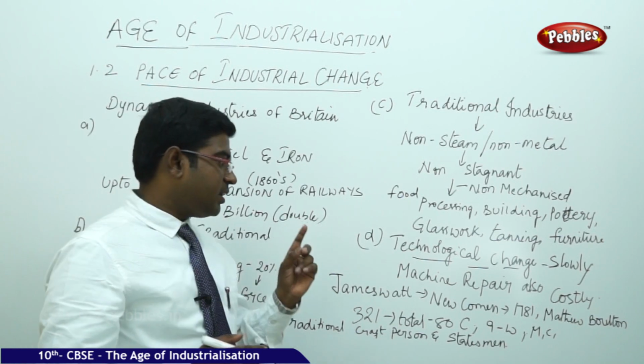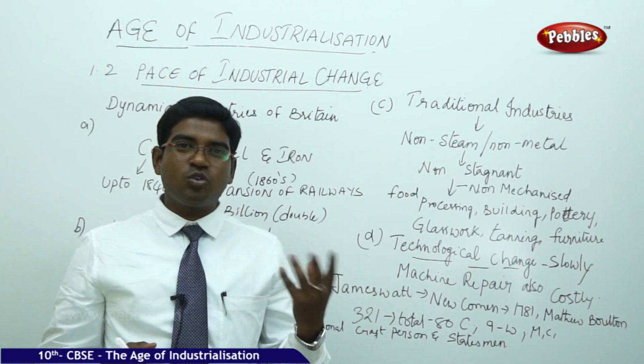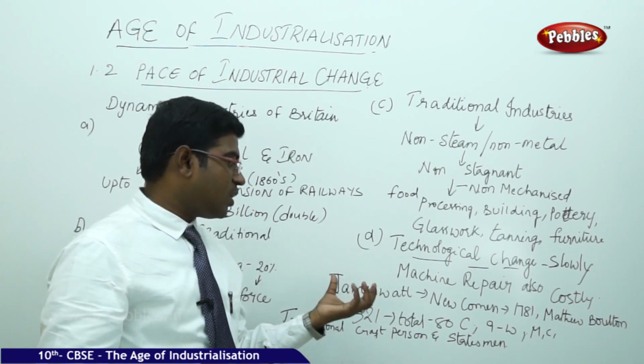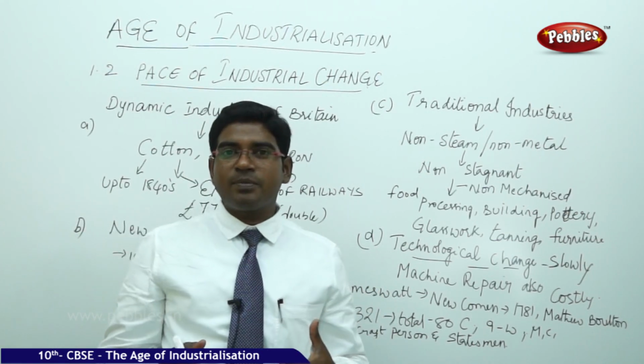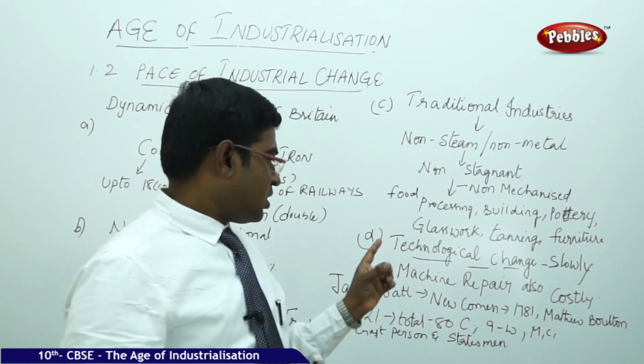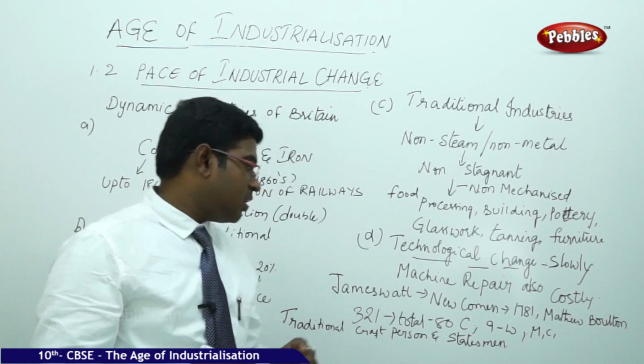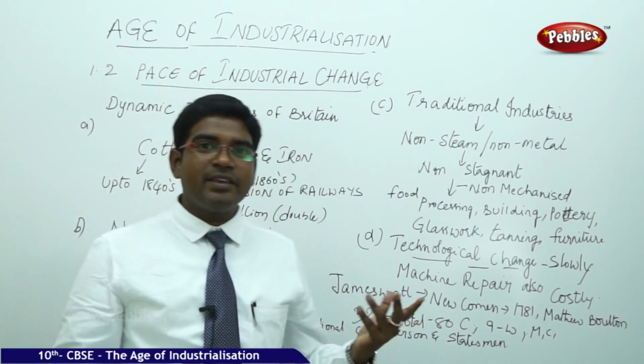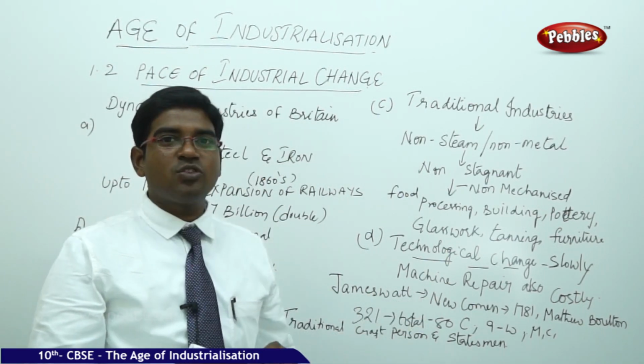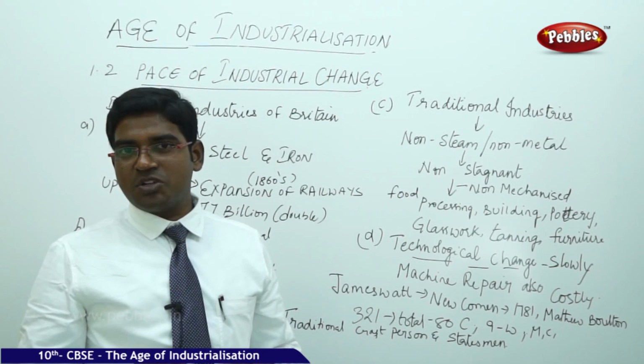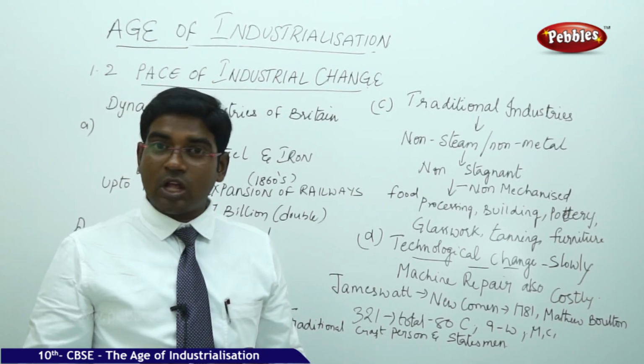Overall, from 1781 through the 18th century, he could find around 321 machines in and around Britain, out of which 80 were used in cotton and 9 in wool, while the rest were used for mining, cultivation, canals and all these things.